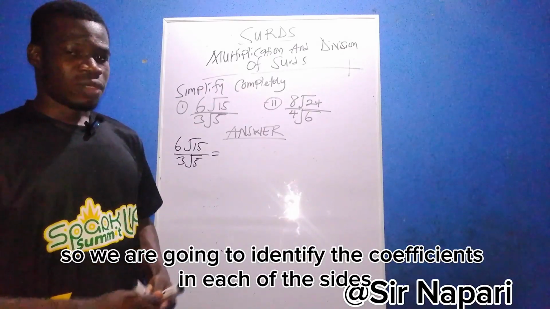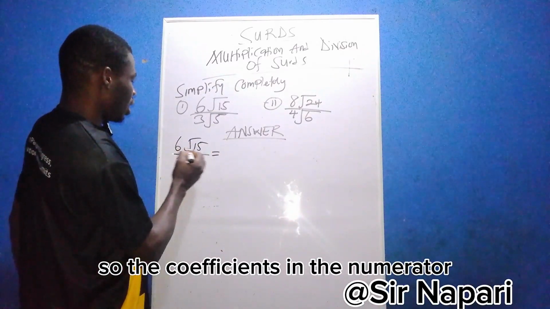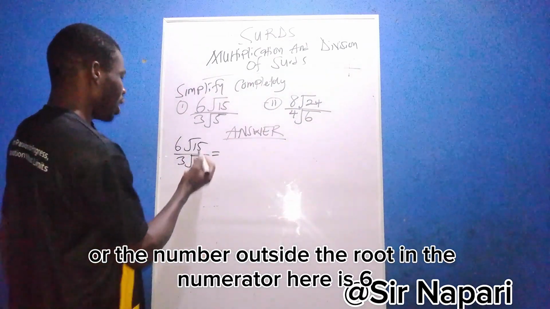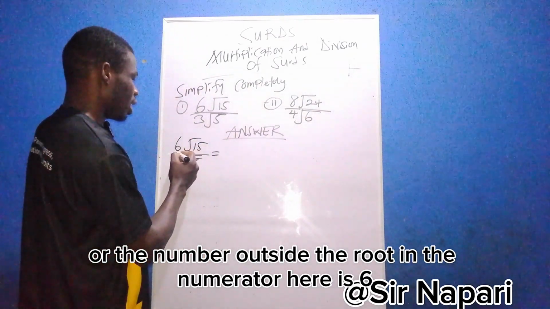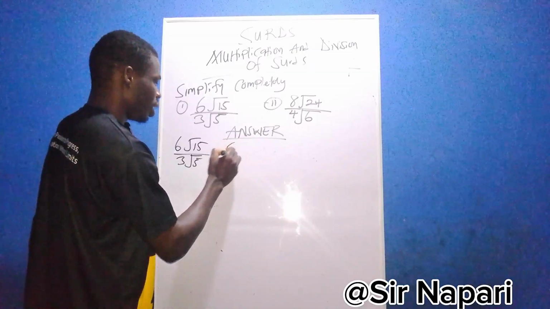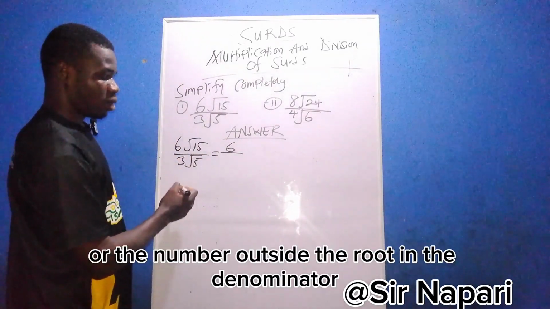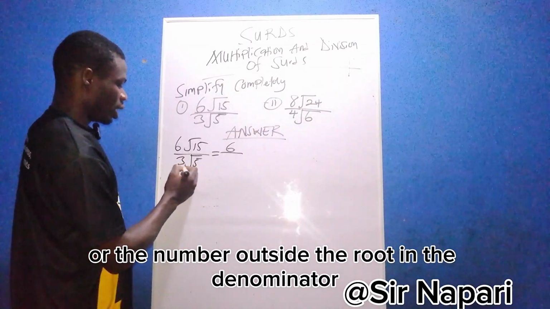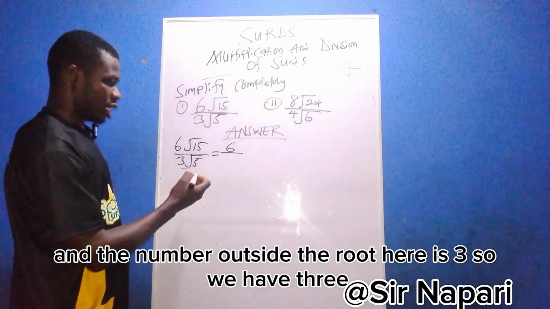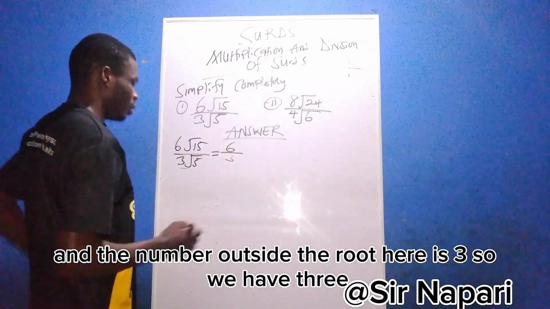So we identify the coefficients in each of the surds. The coefficient in the numerator, or the number outside the root in the numerator here, is 6. So we take 6 divided by the coefficient, or the number outside the root in the denominator, which is 3. So we have 3.